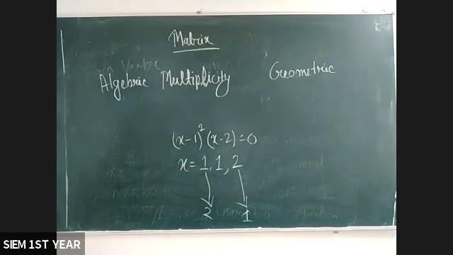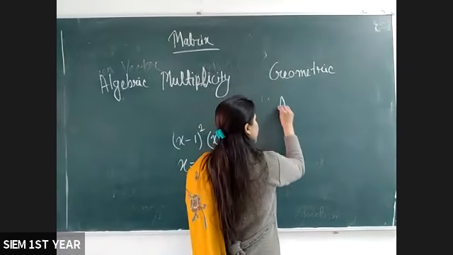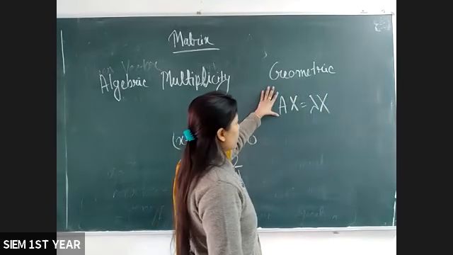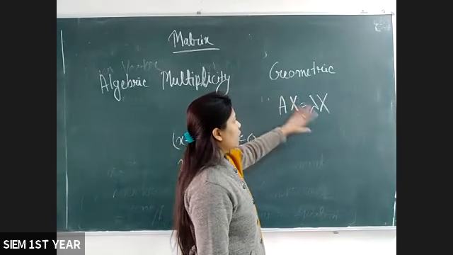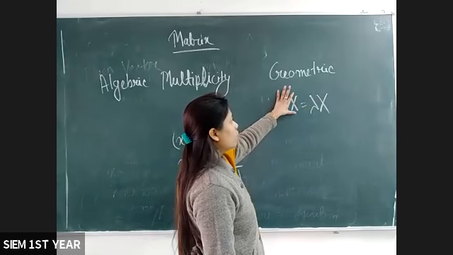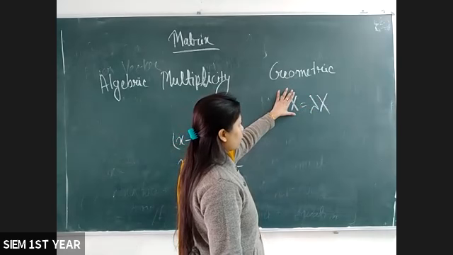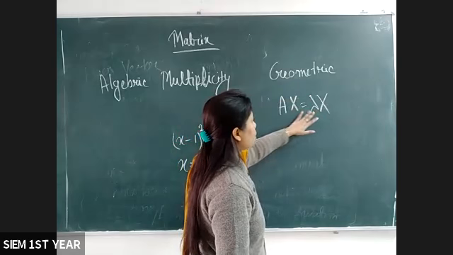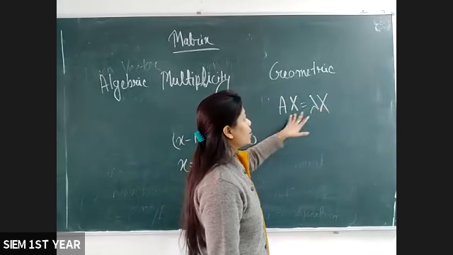Next, what is geometric multiplicity? First you find the eigenvalues. After that, Ax equals lambda x, where A is a square matrix, lambda is eigenvalue, and x is the vector called eigenvector. For different values of lambda, you will get different eigenvectors.